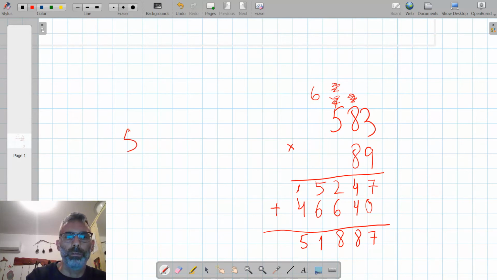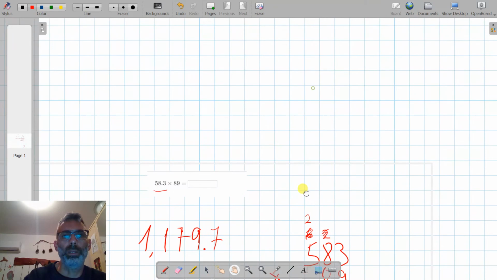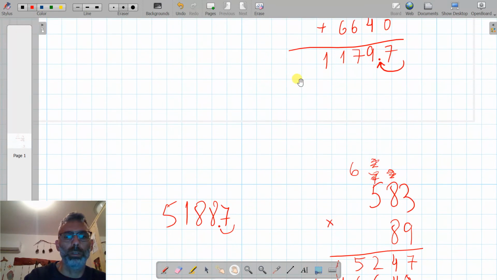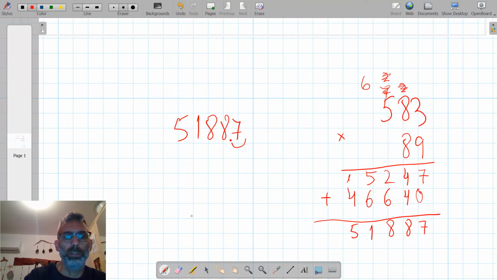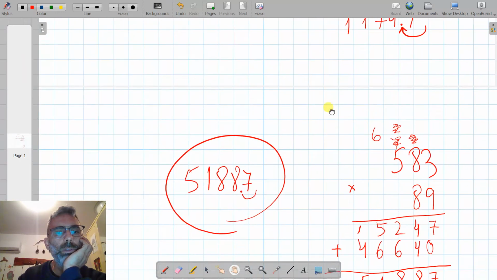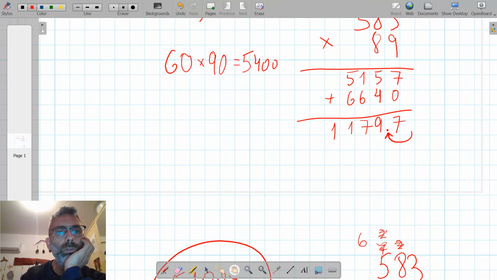So 51,887. Shift the decimal point one place to the left because in the original multiplication I have one digit to the right of the decimal point. So the answer is 5,188.7, which is much closer to this.